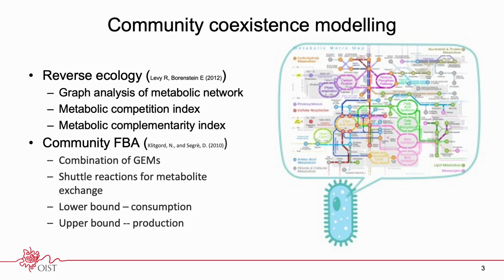For community FBA, models of individual species are combined via shuttle reactions, which describe exchange of metabolites from species to the environment. That exchange is controlled by two values: the lower boundary of the reaction limits how much metabolite could be consumed from the environment, and the upper bound describes how much it could be sent to the environment.